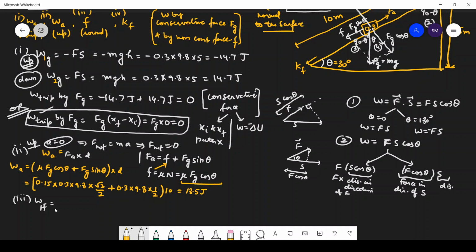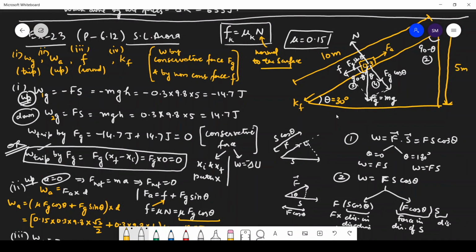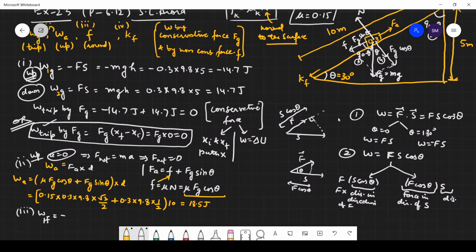So W1F is equals to minus, so what's the friction force? That is nu into n. We have written it. So that's nu Fg cos theta.